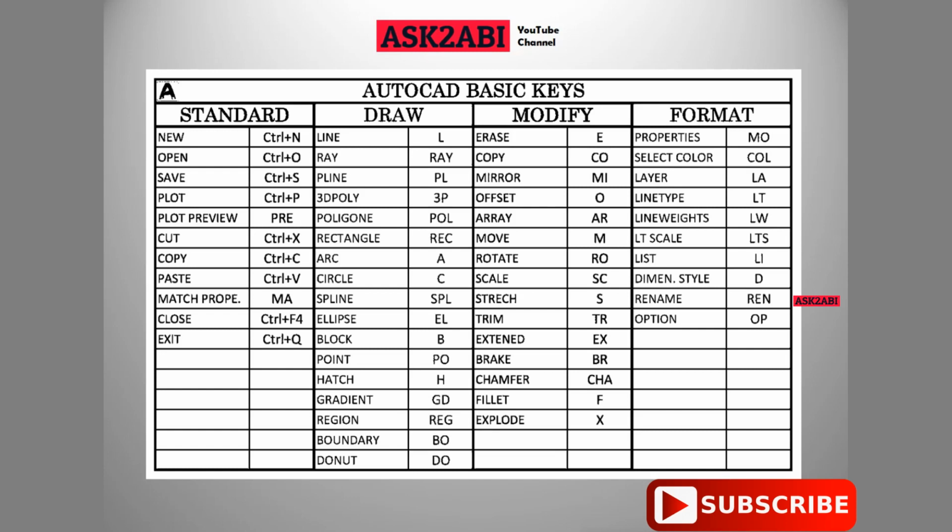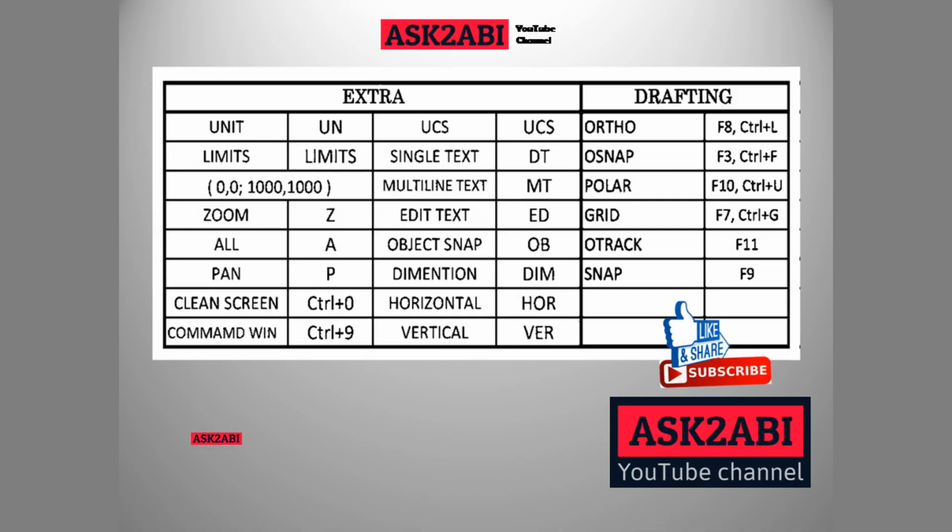For list, you can use LI. For dimension style, you can use D. To rename, you can use REN. For options, you can use OP. To set units, you can use UN. To set limits, you can use LIMITS.